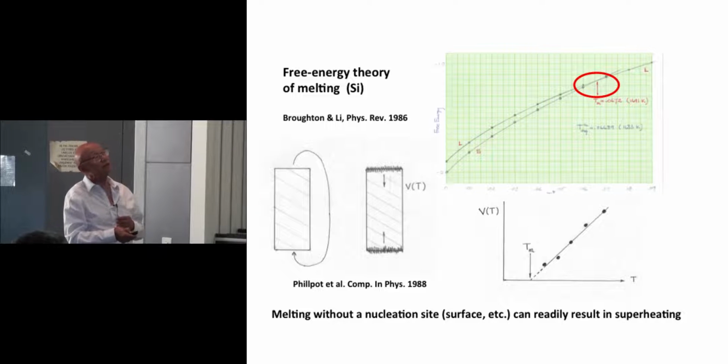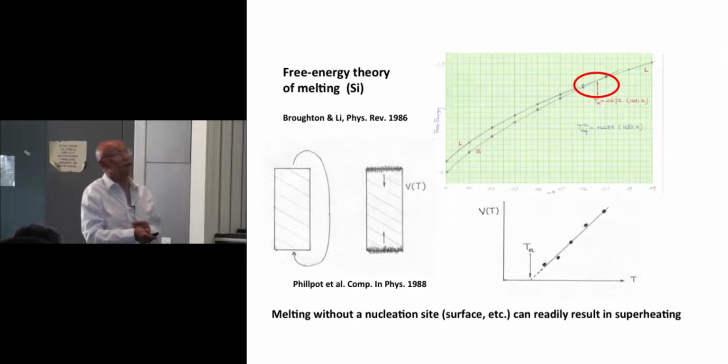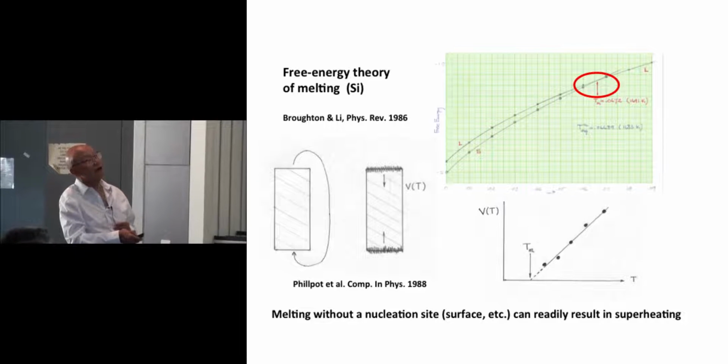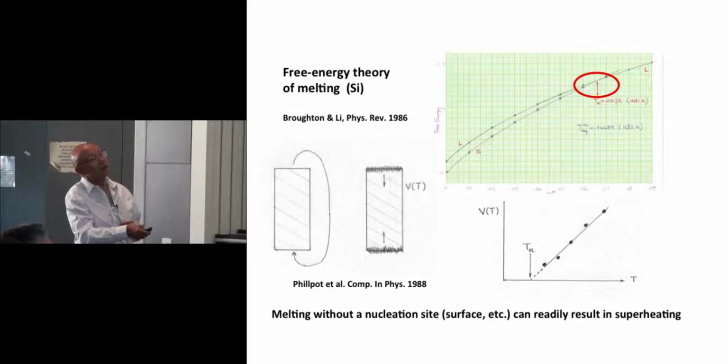they calculated the free energy of crystalline silicon, and the free energy of liquid silicon. As you would expect, if I plot the free energy as a function of temperature, you will see that at low temperature, the crystal, the solid one, is the lower one, and the liquid one is the higher free energy one. And if you trace out to high temperature, there is actually a sort of coexistence.